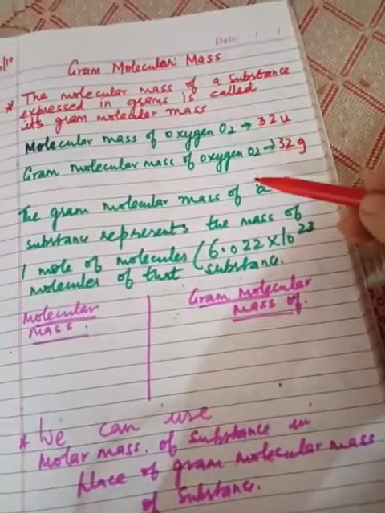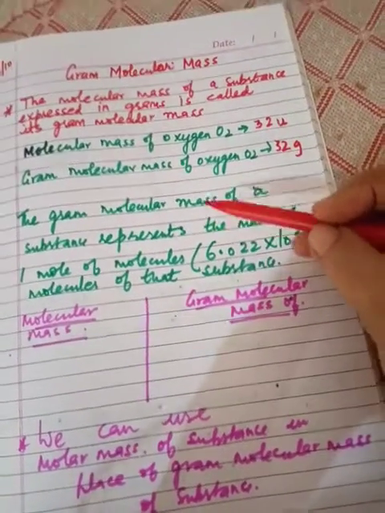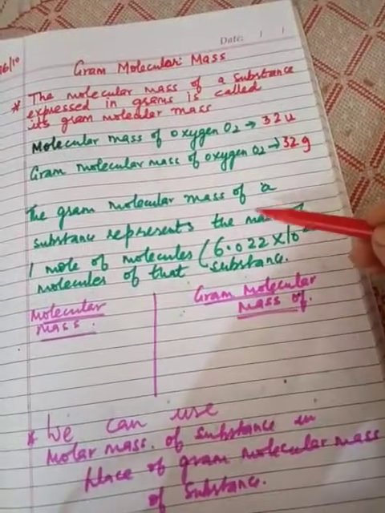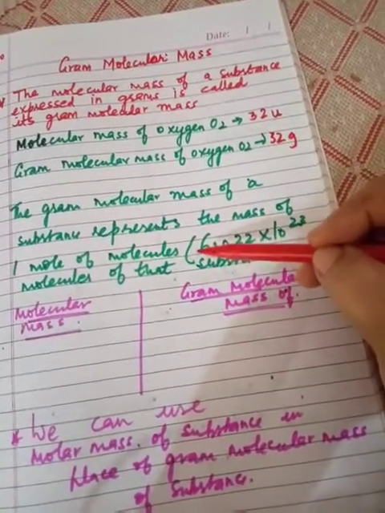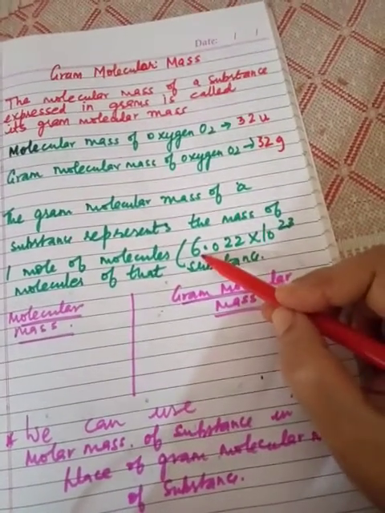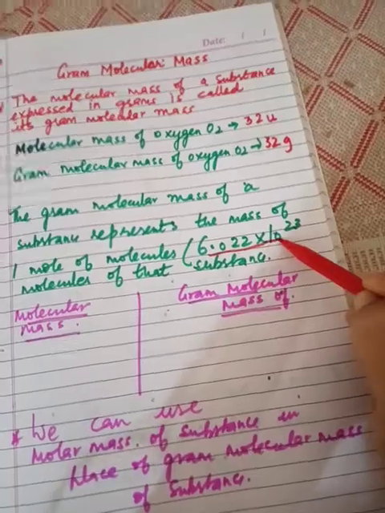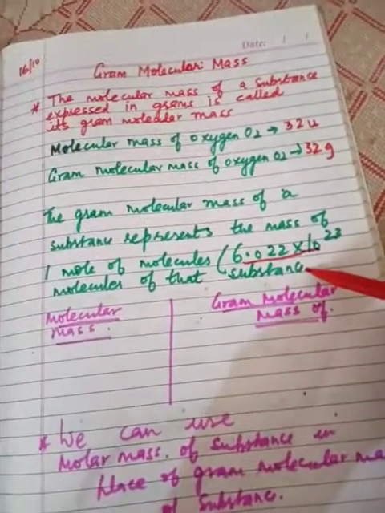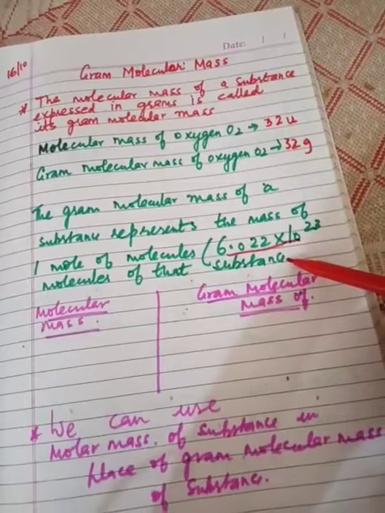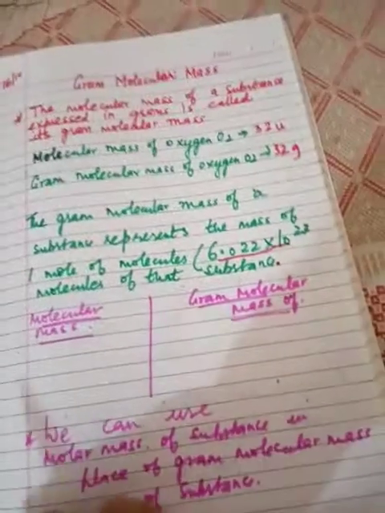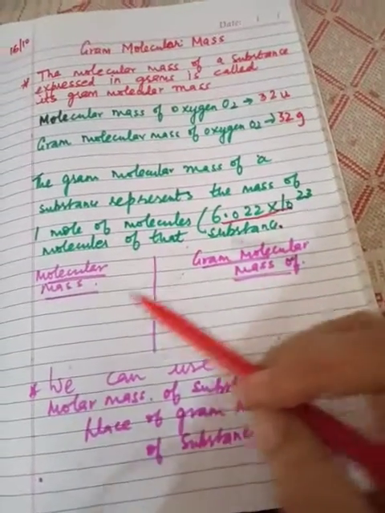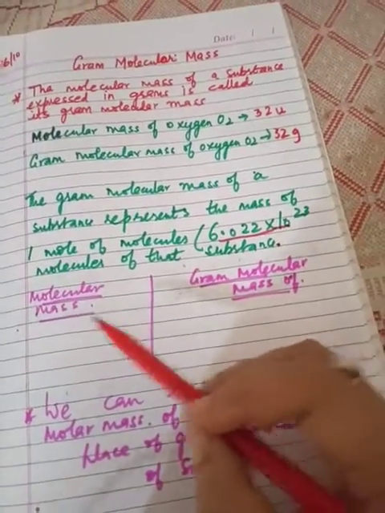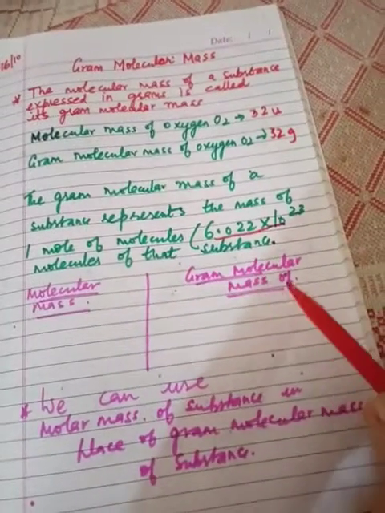The gram molecular mass of a substance represents the mass of 1 mole of molecules, that is 6.022 into 10 to the power 23 molecules of that substance. Let us take examples of molecular mass and gram molecular mass.